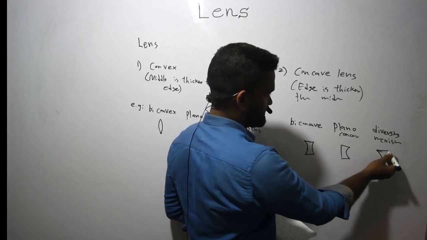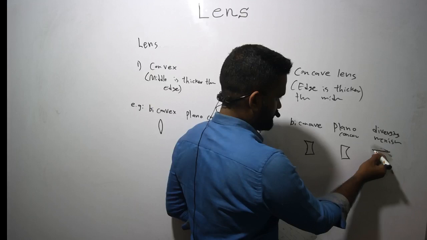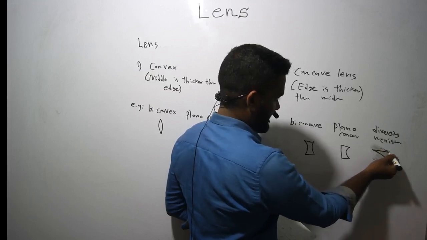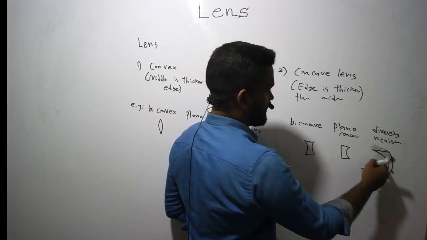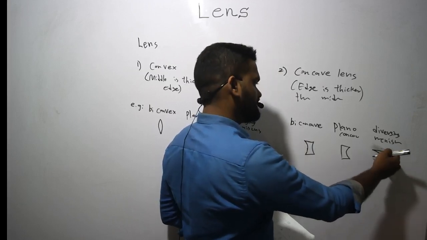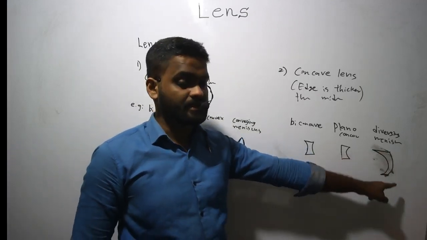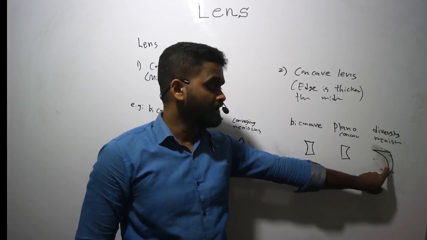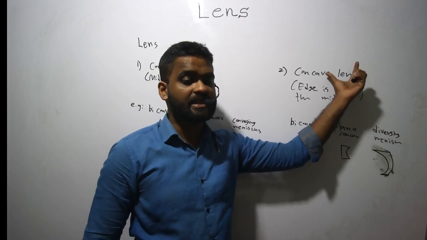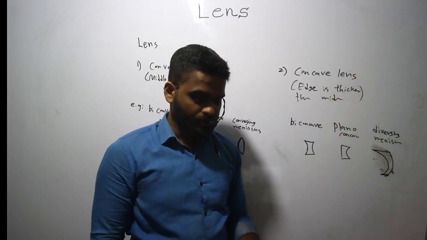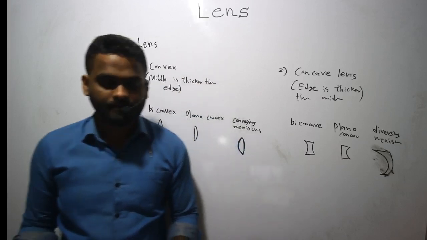One side is like this, then the other side like this. You can draw it like so. One side has a concave shape, the other one is a meniscus shape. So that is what we call meniscus. Again, you need to draw that. The middle is thin, edges are thicker, so it is categorized under concave lens. So first you have to identify that.